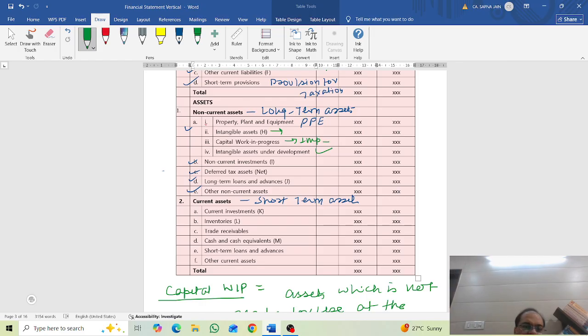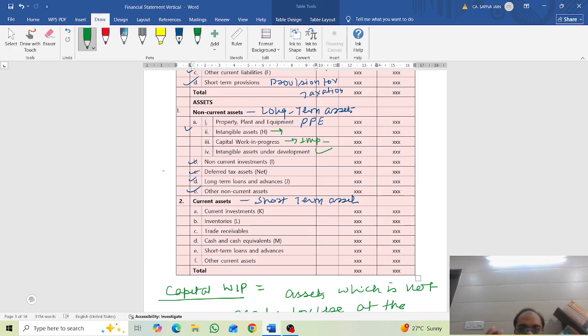Next is the deferred tax assets. Next, long-term loans and advances. Suppose you have given a loan to others. If the loan given is in the trial balance on the asset side, debit side, so this is your asset, meaning you have given the loan.